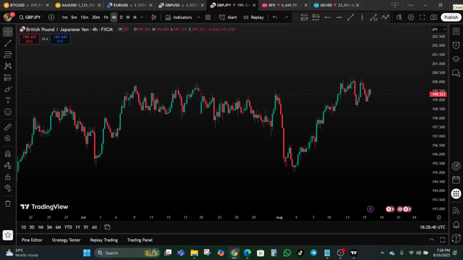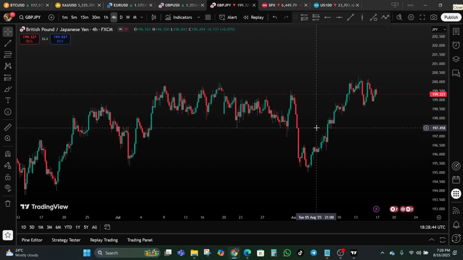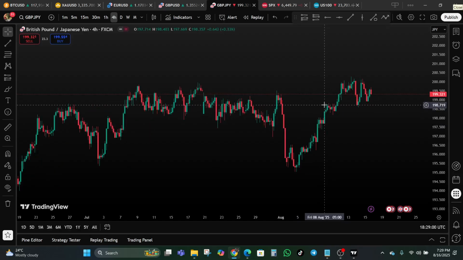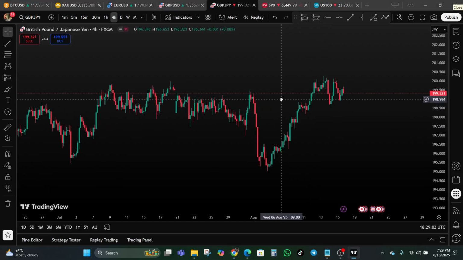Okay, let us just start with the foundation, which is Smart Money Concept, or SMC for short. At its core, SMC focuses on how the big players in the market, that is the institutions and the banks, push price. They leave behind footprints, and one of the clearest ways to spot this is through market structure.